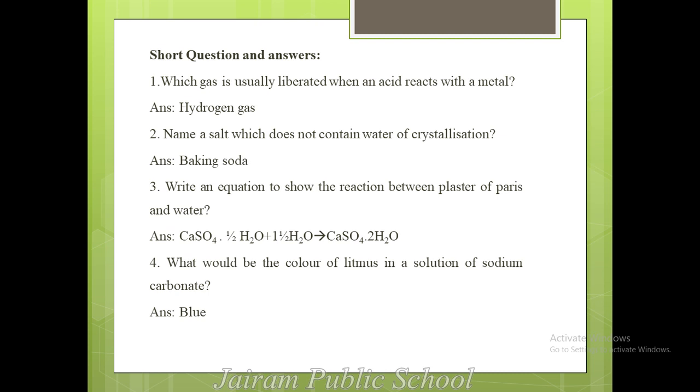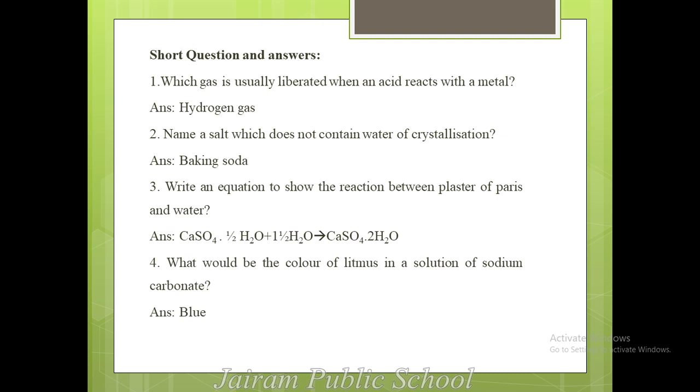This is the reaction: CaSO4 dot half H2O plus 1.5 water molecules reacts to give gypsum again, that is CaSO4 dot 2H2O. So the plaster of Paris formula is CaSO4 dot half H2O, and the product obtained is very hard, that is CaSO4 dot 2H2O.